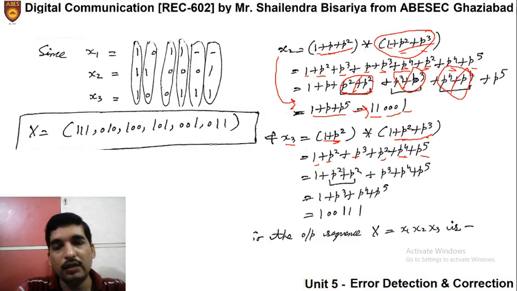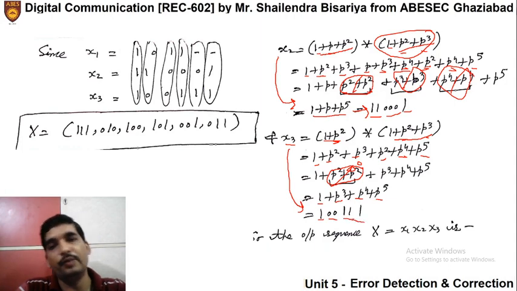Now again rearranging the terms, so that similar terms we can omit, as XORing the same terms will give us value 0. So we will get 1 plus p cube plus p4 plus p5. So the corresponding code vector will be 100111. Right? So we have obtained the code vector for x2, x3 as well as x1.